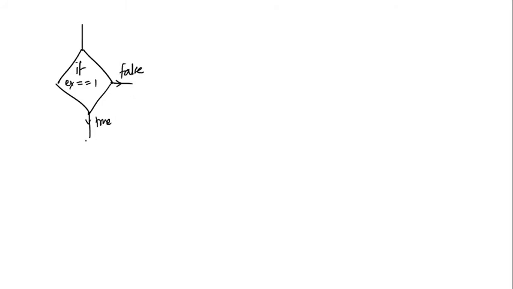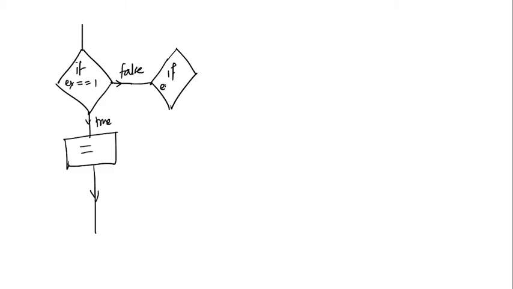So if it is true, it's going to execute all the statements which are there under case 1, and then it's going to stop, or it's going to go down further. Okay, if it is false, it will be checked with the second label. So if it is matching with the second label, again if it is true, it is going to do the same thing and then it will come out.